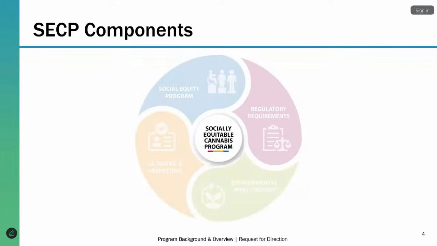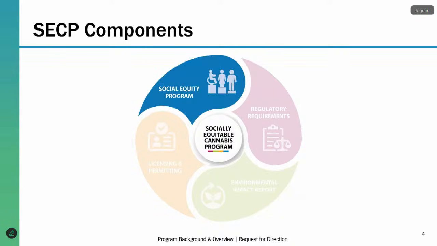Based on the board's direction, the SECP was developed consisting of 4 major project components. The first component is the Social Equity Program, which is led by the Office of Equity and Racial Justice. The Social Equity Program would provide eligible persons support to establish or gain employment in a cannabis facility. The purpose of this program is to address the adverse impacts that cannabis criminalization has had on people and their communities.